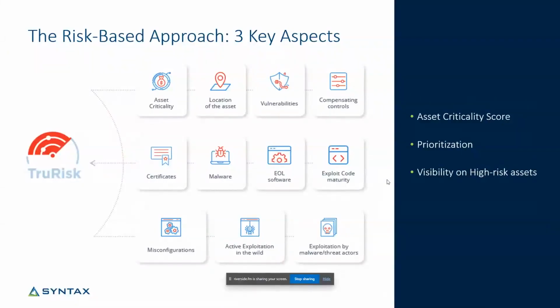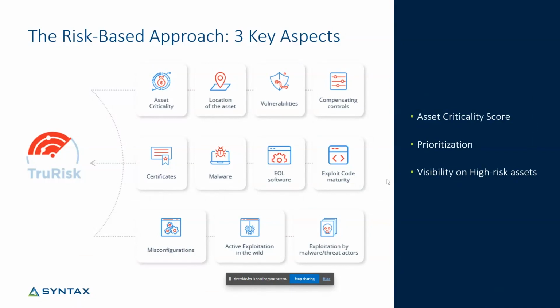So Qualys TruRisk allowed us to raise the bar and design unique risk-based vulnerability management programs for our customers. If I needed to summarize what made this possible, I would say that there are three key aspects that contributed to that achievement.